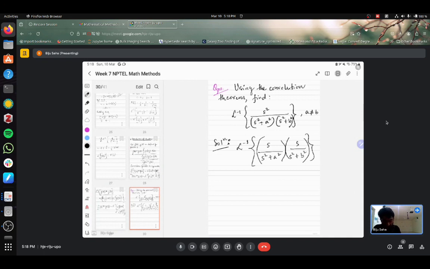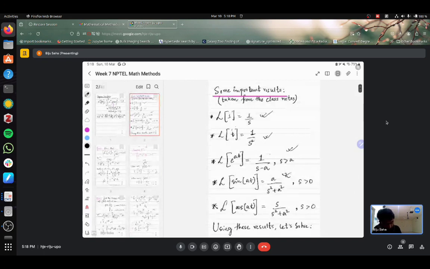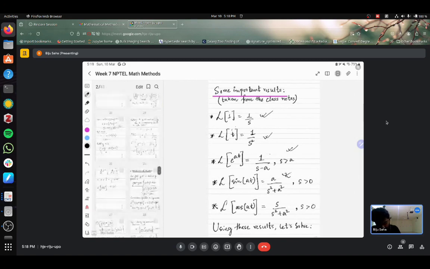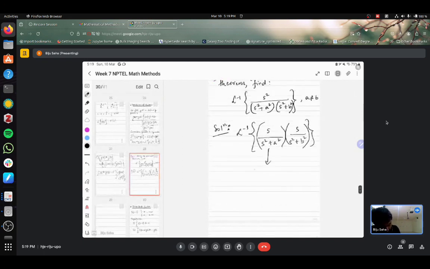Sorry, the Laplace transform of sine was a over s square plus a square, but the Laplace transform of cos was s over s square plus a square. So they are the Laplace transform of cos at, and this is the Laplace transform of cos bt. Right?